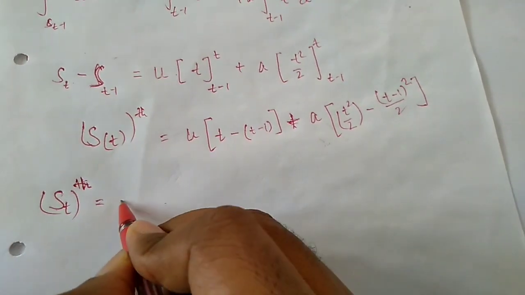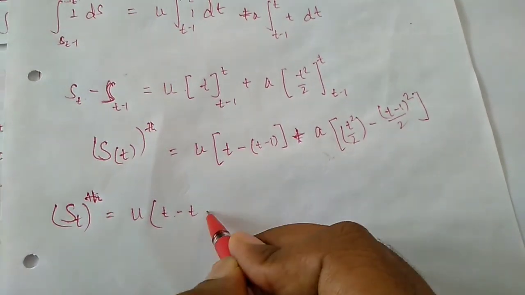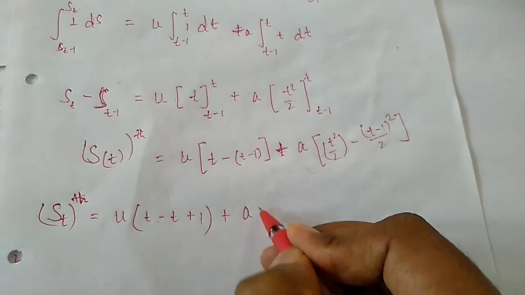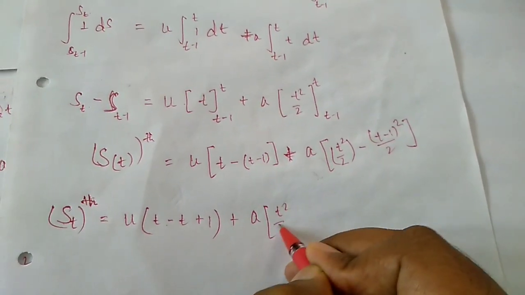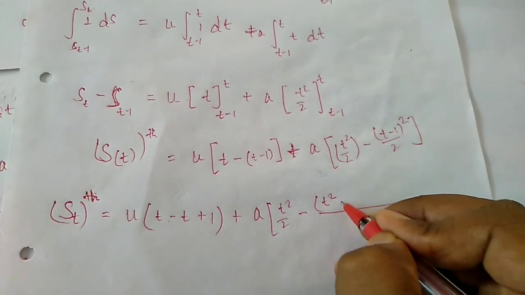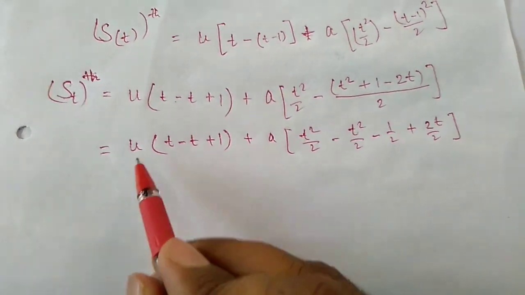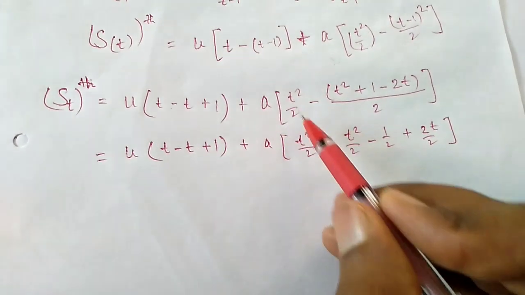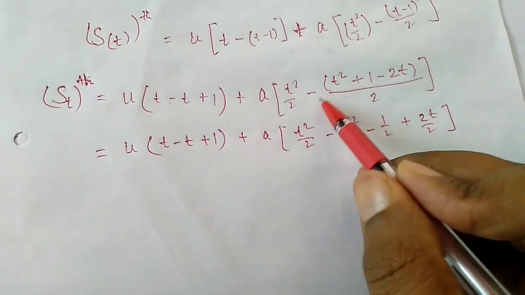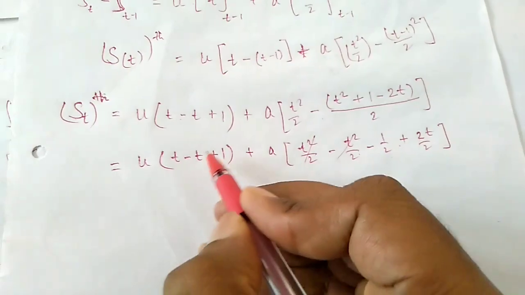So s in the tth second is equal to u, t minus t plus 1, plus a, t square by 2 minus, on opening, whole divided by 2, it will be t square plus 1 minus 2t. Let's open this. On opening, see here this one as it is, a t square by 2 minus will go inside, minus t square by 2 minus 1 by 2 and minus plus 2t by 2. So this 2 will be cancelled, t square by 2 cancelled, minus t plus t cancelled.